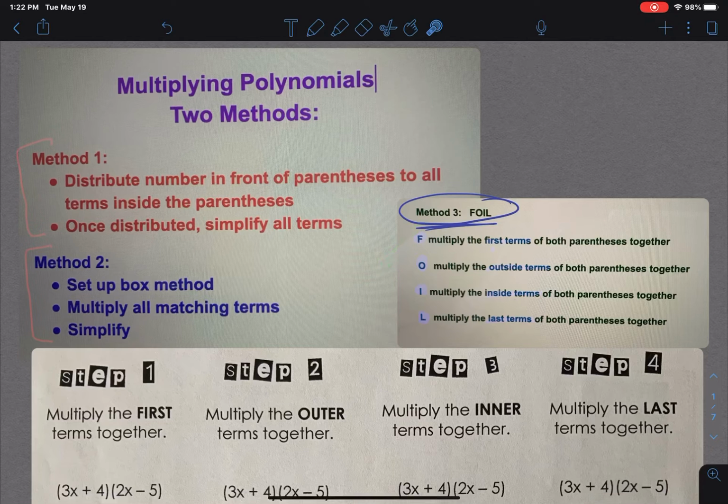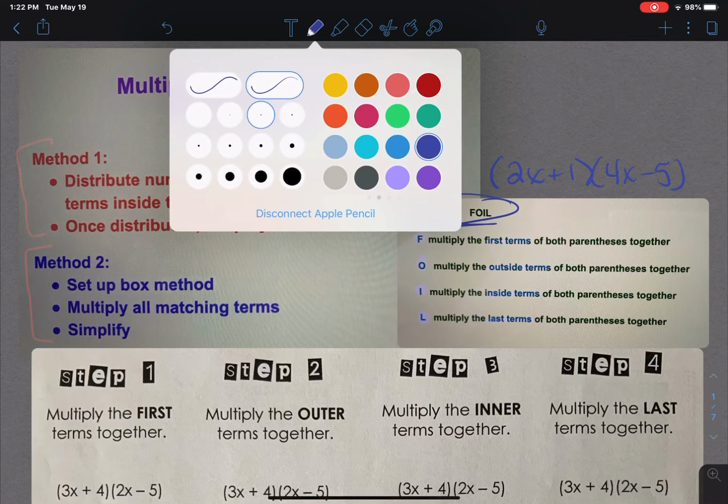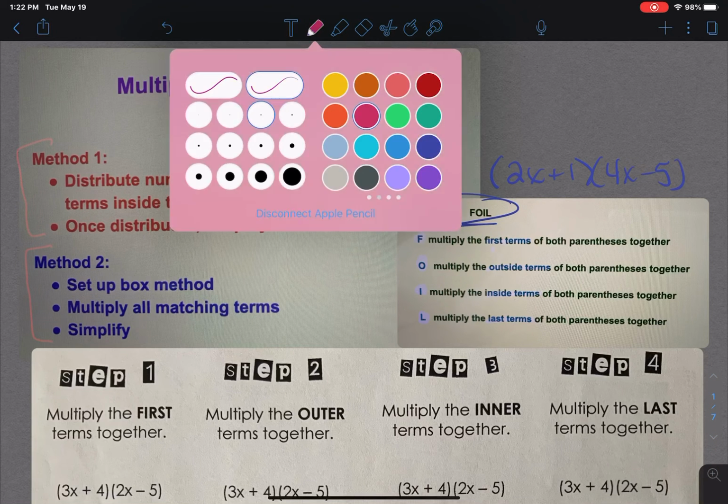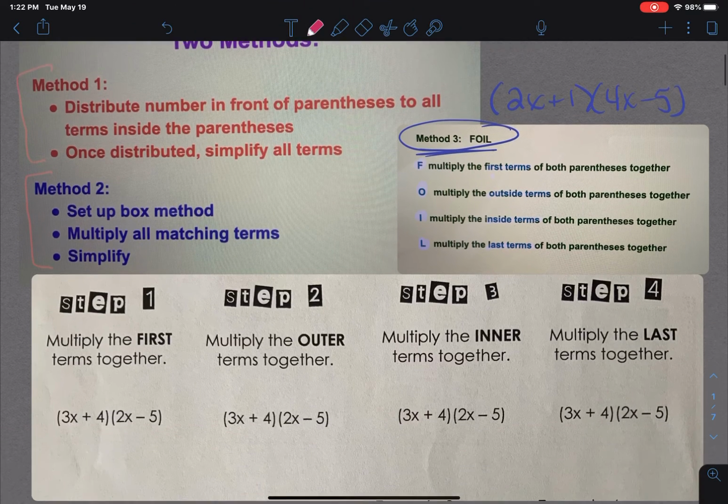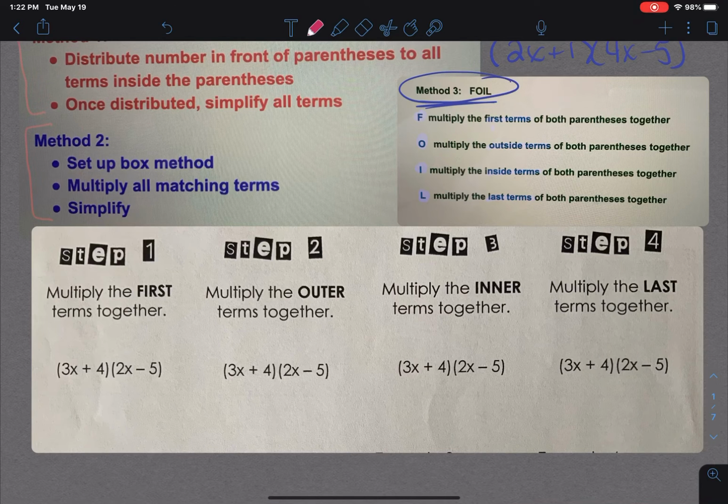FOIL only works when you have maybe something like this times something like this. It has to have 2 items in the first one and 2 items in the second one. So again, I'm going to go through and show you an example of this using FOIL, and then it's up to you which way you want to do this.